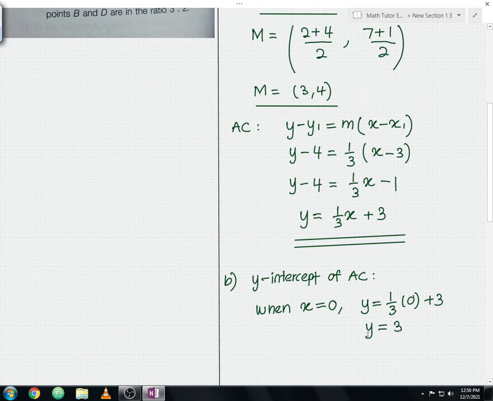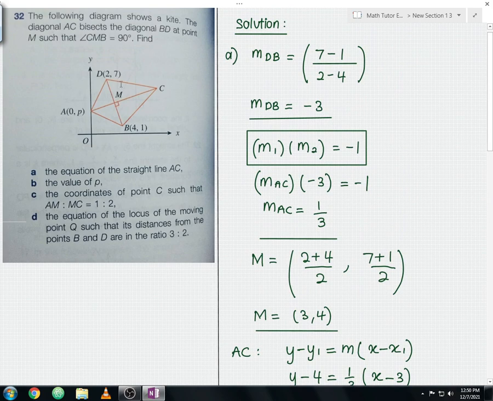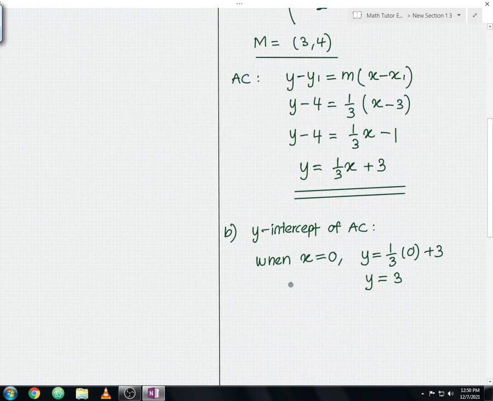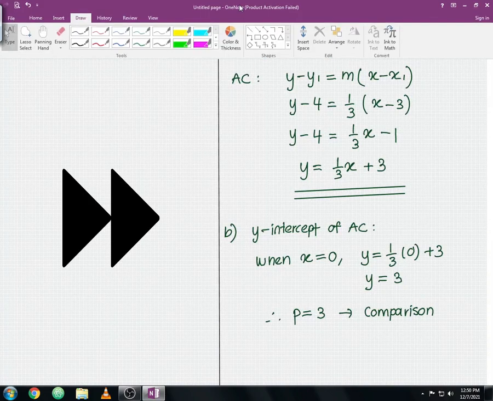Since in this case your y equals 3 can be compared with the P value over here as the y-intercept, you should get your final answer, P is equal to 3. This is based on the comparison, guys. Let me underline the solution for the question part B.